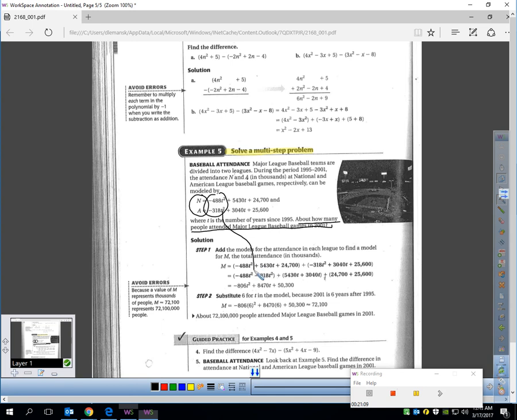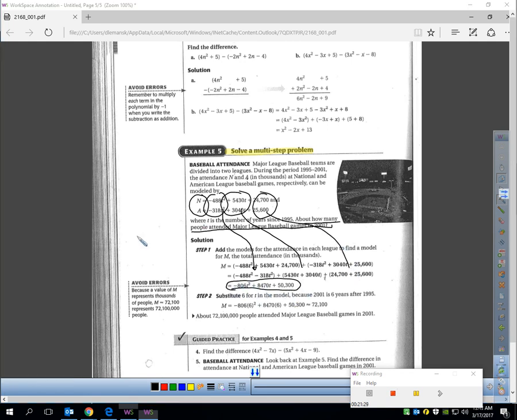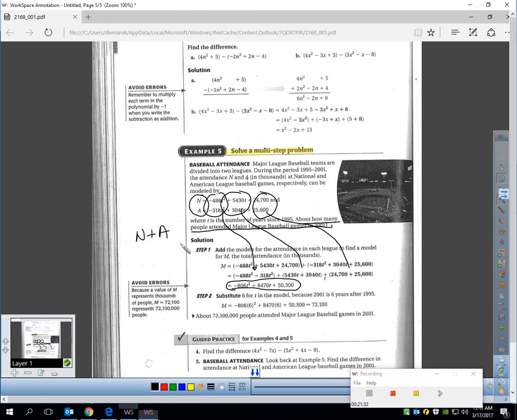They did this in a horizontal format. Okay? So remember, if we are adding, this plus the opposite is the same as subtracting. They're adding these together here, and they're adding these together here to get this statement. Okay, so we added N and A to get that statement.